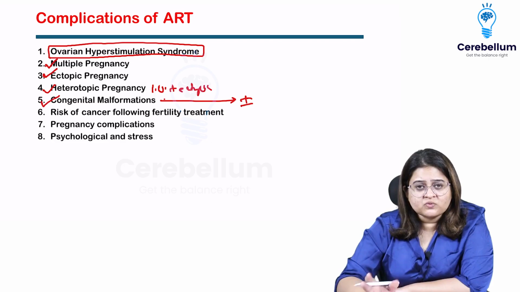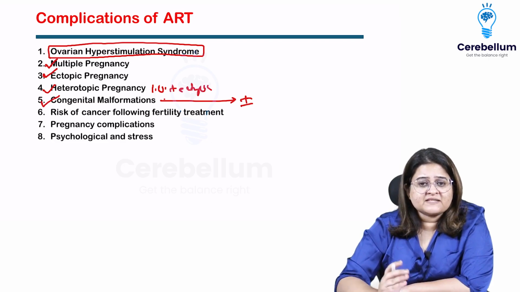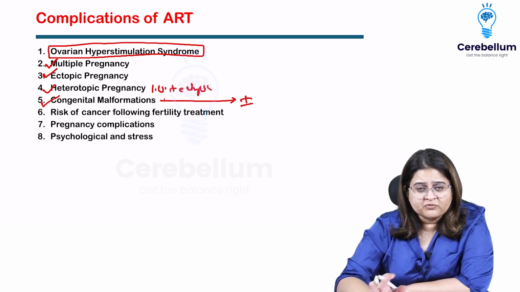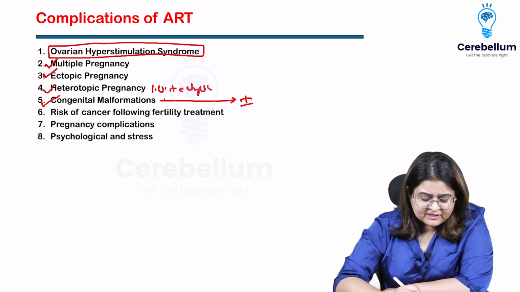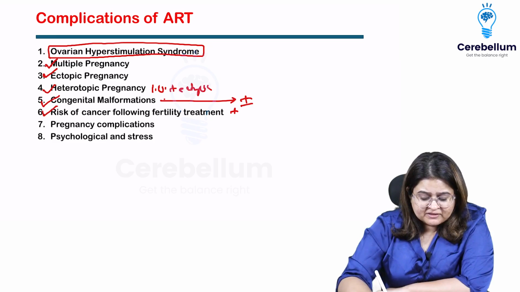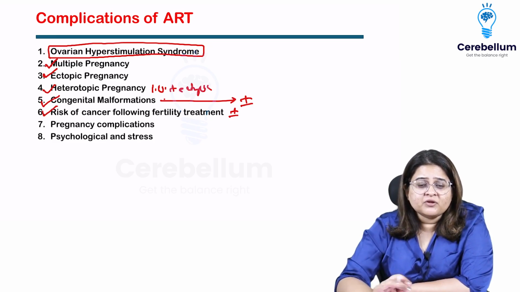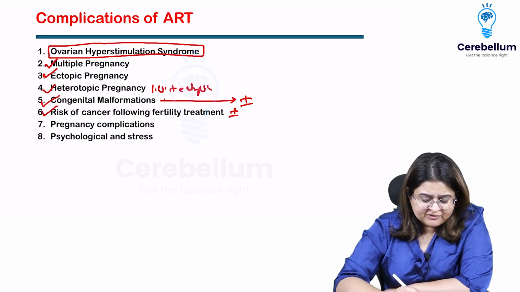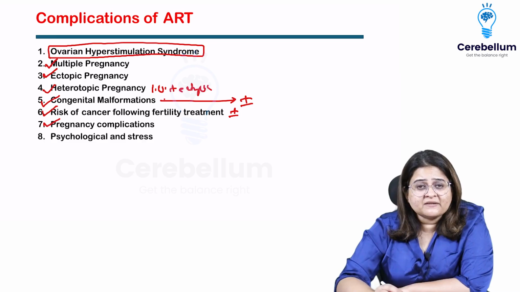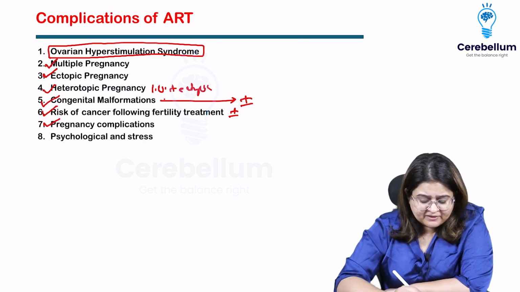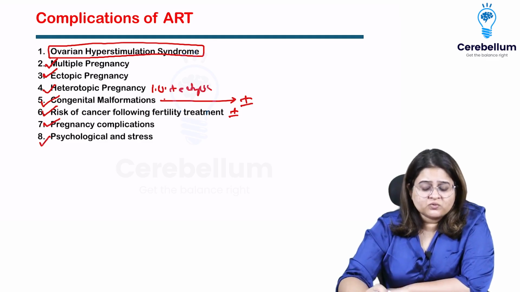Some studies do say there's a higher risk, especially of things like hypospadias, but it's not really proven uniformly in all studies. Risk of cancer, that is ovarian cancer, is again a theoretical risk. That is why we limit the number of ovulation induction cycles that we give. Then complications in pregnancy like placenta previa, multiple pregnancy, and of course the stress associated with undergoing IVF.